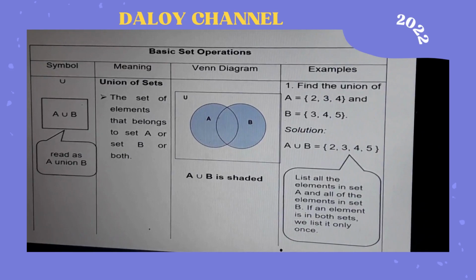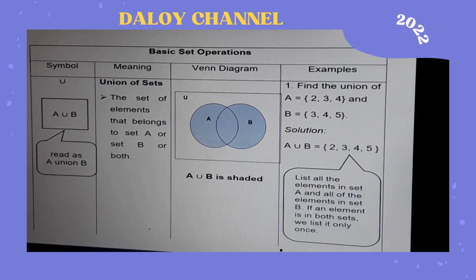So we have here an illustration of a Venn diagram, considering two sets represented by circles intersecting with each other, and notice that in this illustration all of them are shaded. That means we are pertaining to the union of sets.